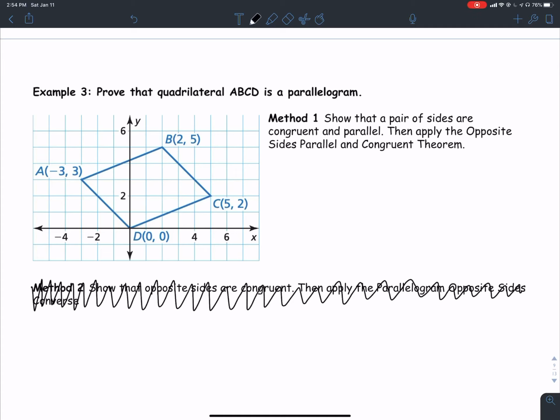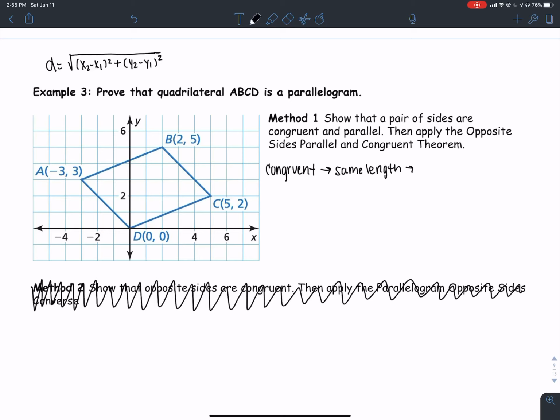So in order for them to be congruent, that means they have to be the same length. Same length means they have to have the same distance. So that means we have to use the distance formula. So that's what we're going to do first, okay?